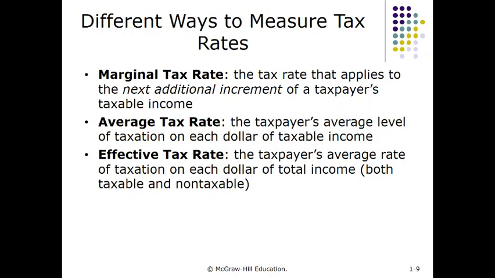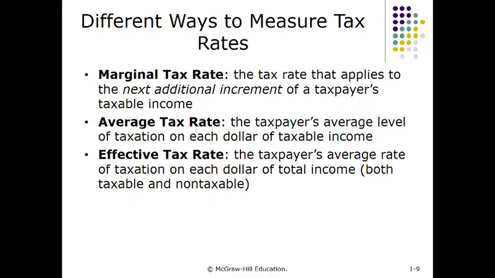Your marginal tax rate is equal to, in your numerator, the new total tax minus the old total tax, and then the denominator that you divide that into is the new taxable income minus the old taxable income. All right, so that'll give you your marginal tax rate.